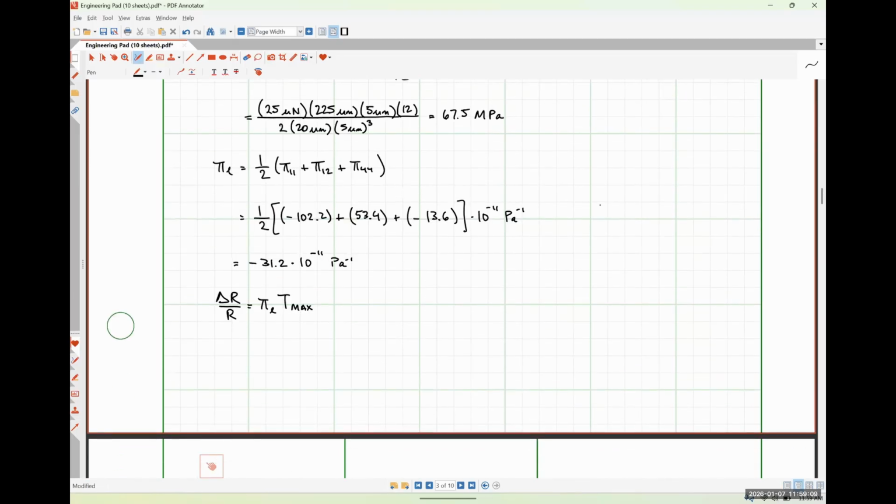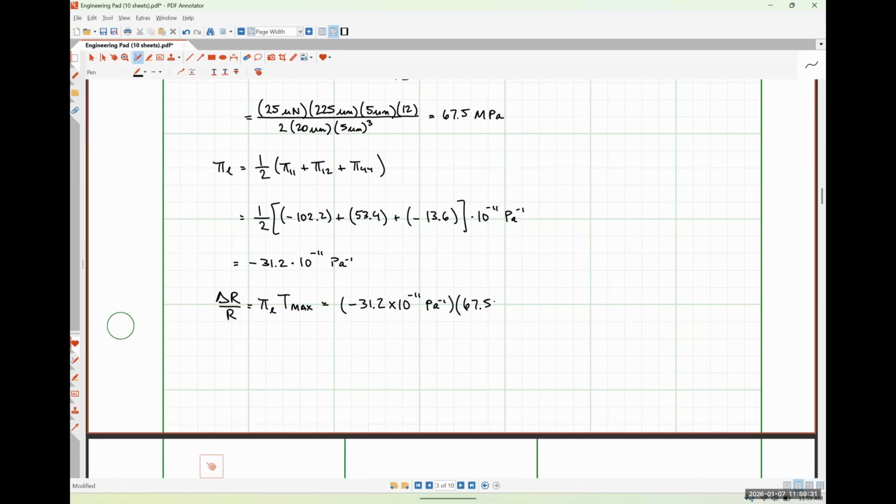So it's not acting in this direction that would cause a transverse strain. So multiplying these two together, we'd have negative 31.2 times 10 to the minus 11 per Pascal times 67.5 megapascal.